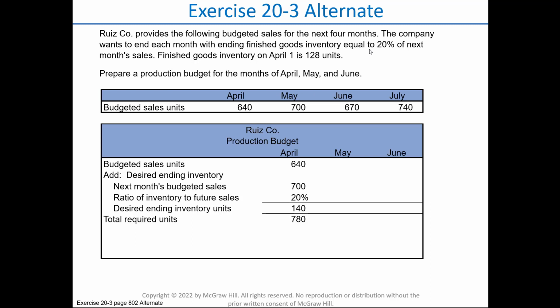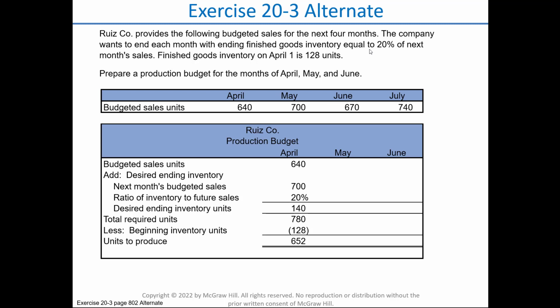Total required units is 640 plus 140, and subtract out our beginning inventory because we already have those units. They need to produce 652 units. For May, the desired ending inventory will be June of 670 times 20%, which is 134. 700 budgeted sales plus 134 is required units of 834, but we already have some beginning inventory of 140, which is our ending inventory from the previous month.